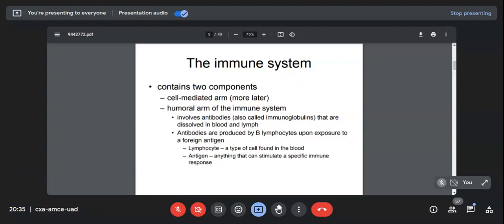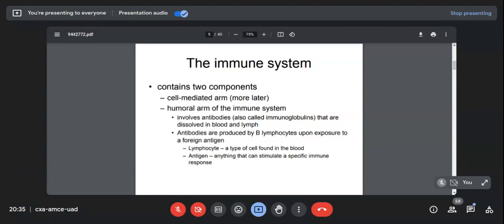Though I defined it in last week's meeting, if I can recall nicely, I'll talk about it again. A lymphocyte is a particular type of immunity cell, and an antigen is anything that can stimulate a specific immune response.